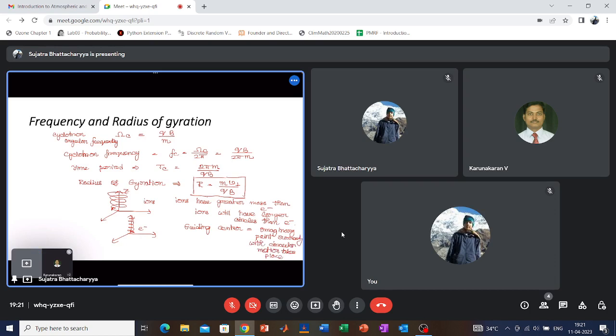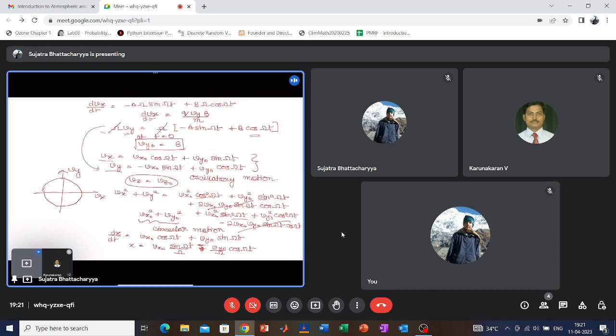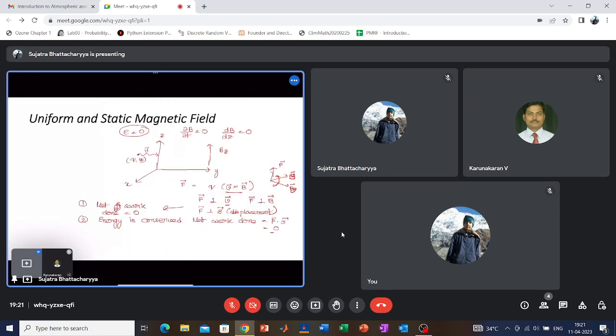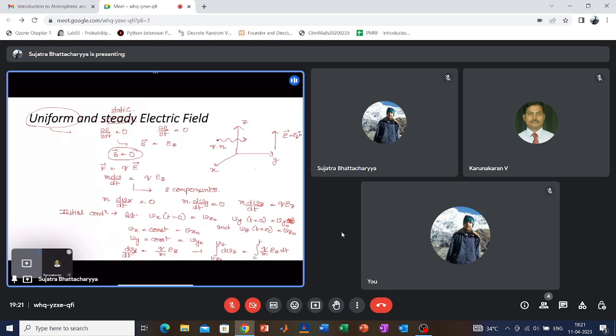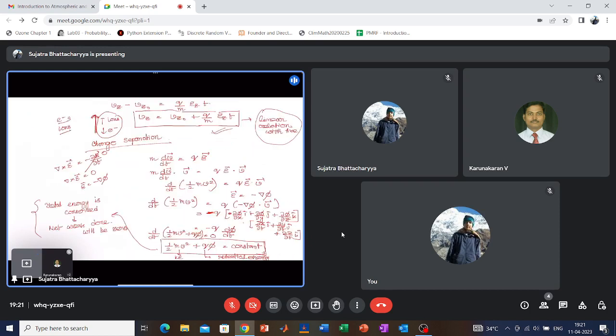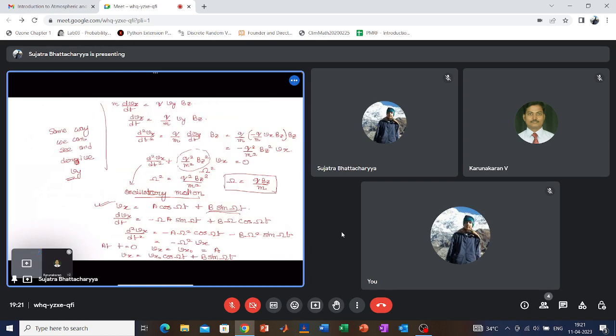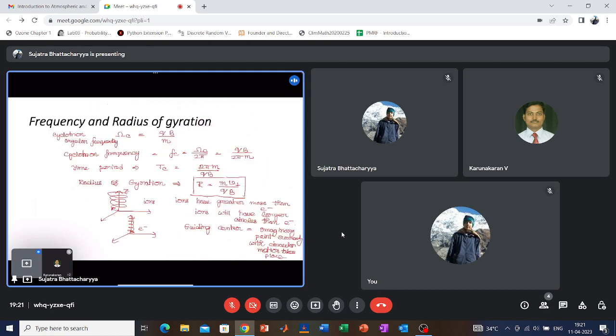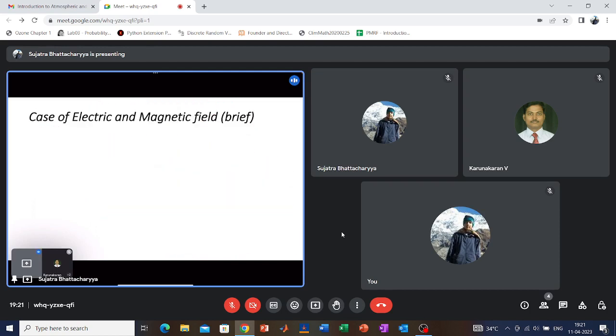So if you consider this axis, that is nothing but the guiding center which is moving. Okay, so this is the thing about the guiding center, and we have completed the uniform and static magnetic field case, and the uniform and static electric field case, considering the particle nature of the plasma, which we can only treat when the concentration of the plasma particles is extremely small. Then only we can consider that.